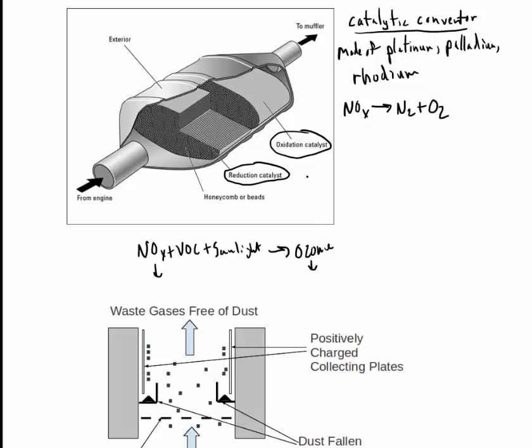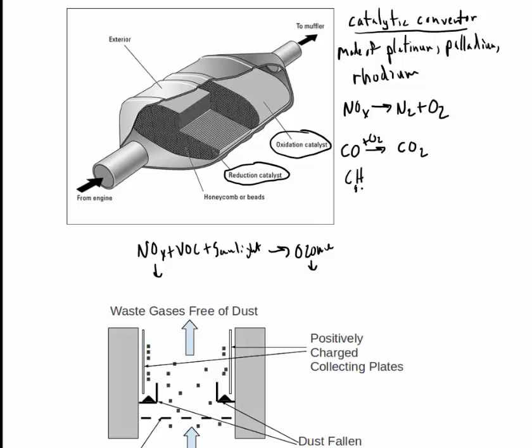Okay. So that's the reduction catalyst. In an oxidation catalyst, you're adding oxygen. So for the oxidation catalyst, that converts carbon monoxide into carbon dioxide. So it mixes with oxygen and promotes the formation of CO2. And then the other thing that happens here is gasoline, which is a hydrocarbon.